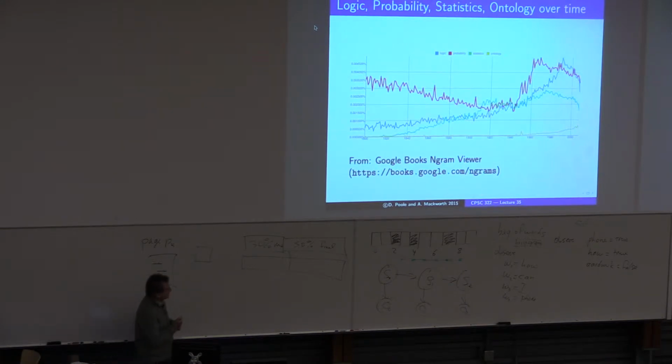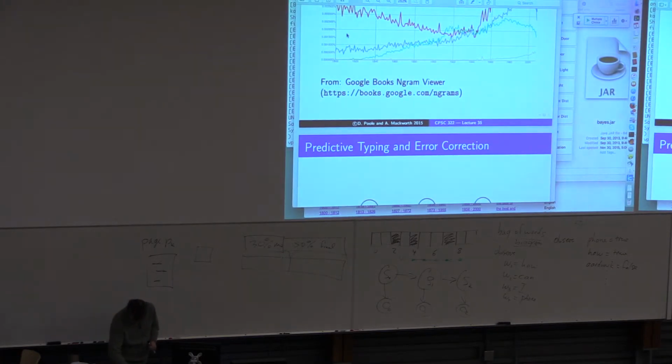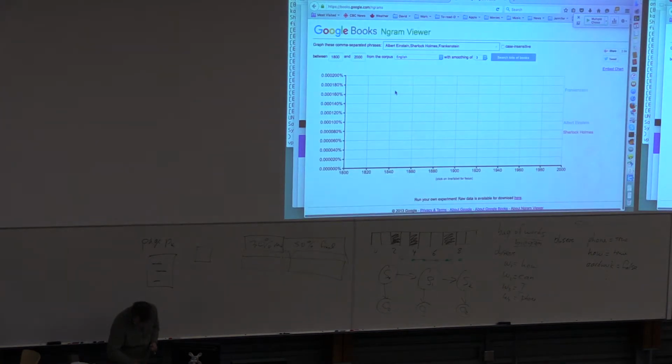And there's this interesting thing: Google publishes what's called the n-gram viewer, which publishes all of the n-grams up to 5 grams for all the books that they have digitized over the last few hundred years, up to 2008 or something. So you can actually do this. Let's do this.